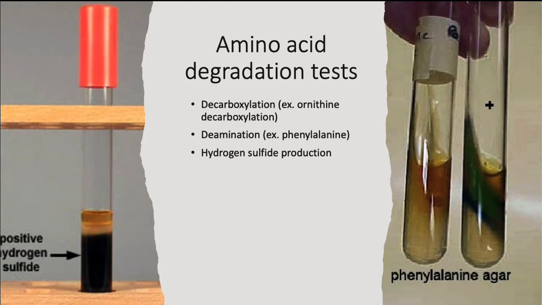So the media have chemicals that react with that hydrogen sulfide, producing a black precipitate. You can see it to the left. This is a tube that gets black. The black means it's a positive reaction for hydrogen sulfide. It doesn't mean that it is hydrogen sulfide; it tends to be an iron sulfide salt formed when the medium reacts with the H2S gas.